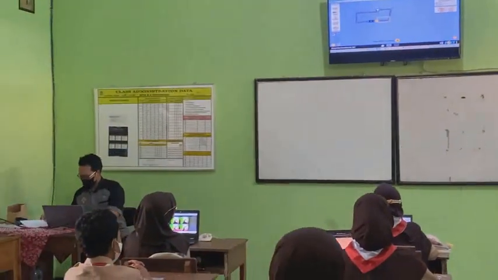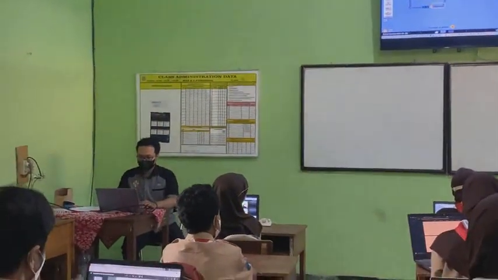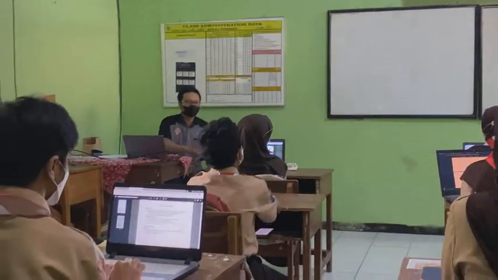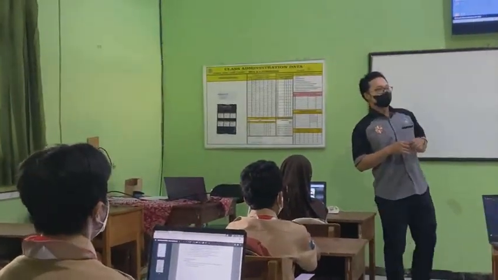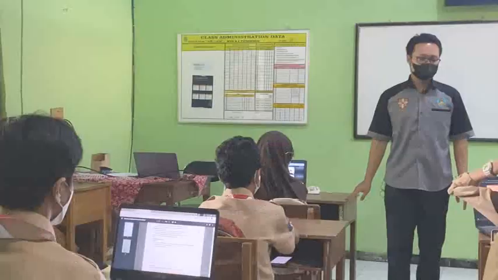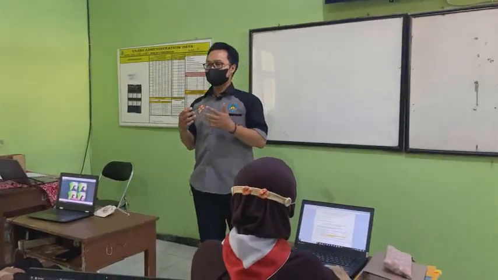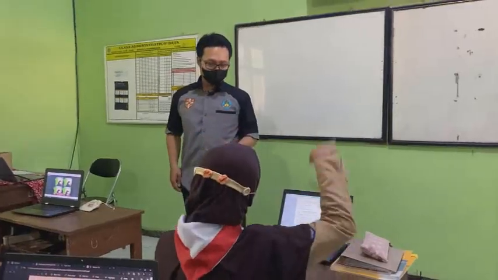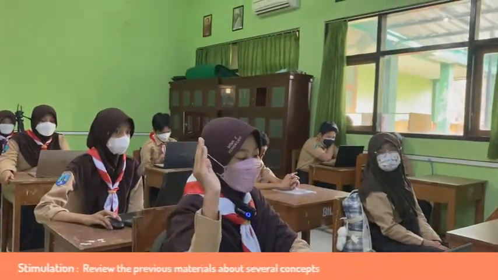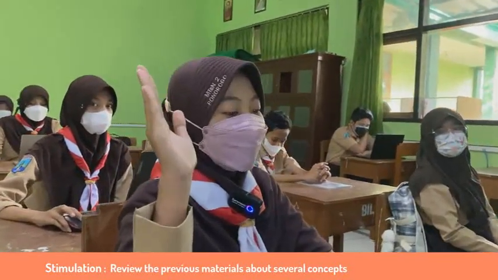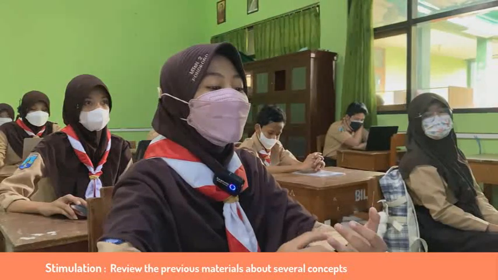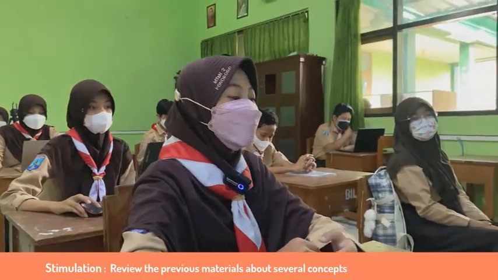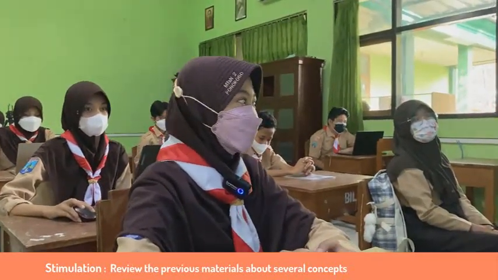Before we continue, do you remember our last study about quantities? Who remembers how many kinds of quantities there are? There are 7 base quantities: length, mass, time, luminous intensity, electric current, thermodynamic temperature, and amount of substance.